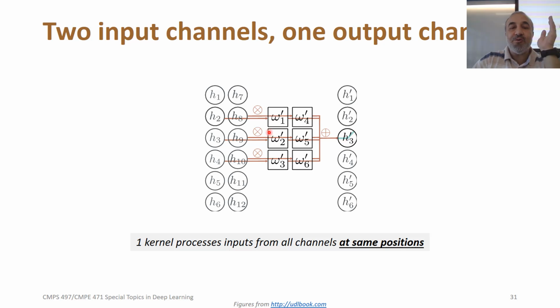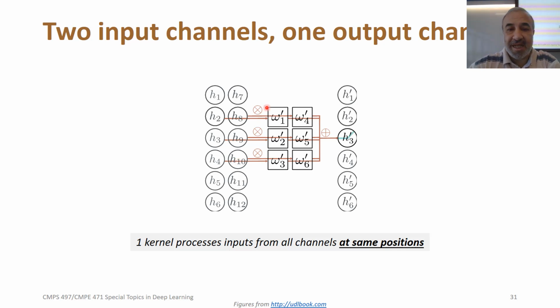Before we had just 3 weights. Now we will have 6 weights because we'll apply 3 to the first channel and 3 to the second channel at the same positions, but across different channels.